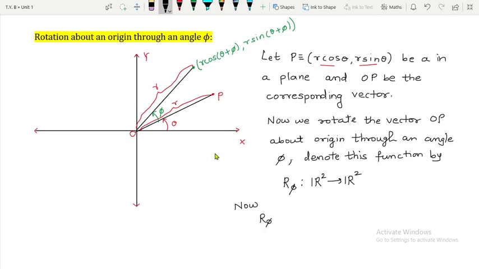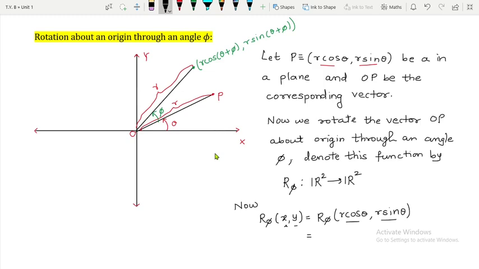So now what will be my R phi of (x, y)? So R phi of (x, y) will be equal to, so polar coordinates are r cos theta, r sin theta. So what is the job of this function R? So job of this function R is to rotate a given vector through an angle phi. So I have taken that vector to be some (x, y), but in polar coordinates you know it is r cos theta, r sin theta.